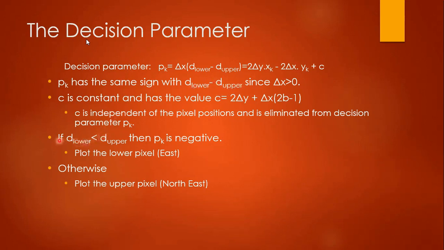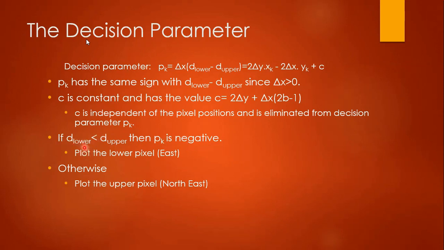Based on this formula we are going to decide now. If d lower is less than d upper, then pk is negative. That means the line is inclining towards the x axis.